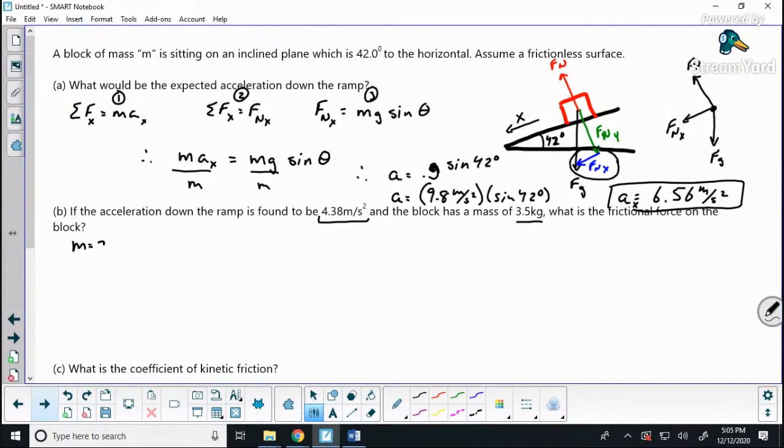Mass is 3.5 kilograms. We know the actual acceleration along that x-axis is 4.38 meters per second squared. And we know that gravity is still 9.80 meters per second squared. Okay?